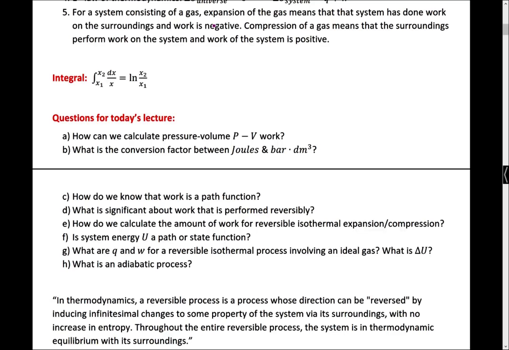I can rearrange this equation and say dU is equal to Cv as a function of T, help me out, dT. Okay? So anytime that I want to calculate the change in the energy of my system, I know that I'm going to have to look at this. And this also explicitly states if dT is equal to 0, what's dU? It's going to be equal to 0.